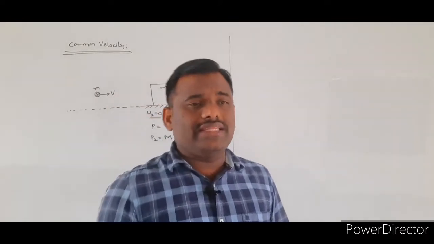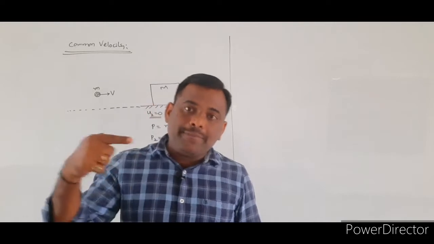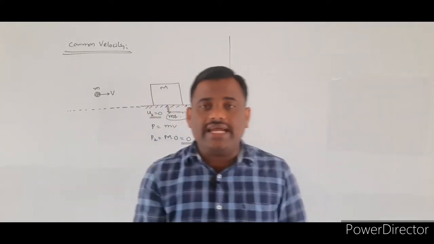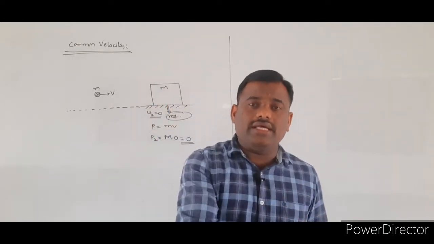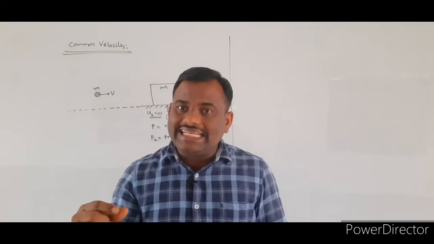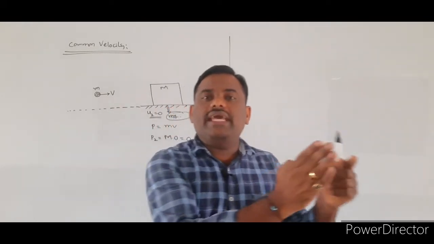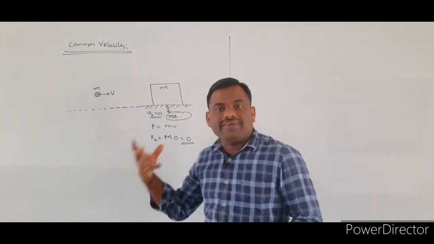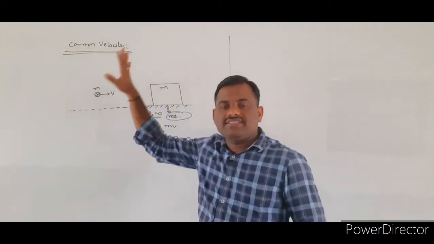So what I assumed is that whenever the bullet reaches the target, it is embedded into it, and after that these two will be moving together. What are the two? The bullet and the target itself, these two objects are moving together with a common velocity. If such a case is there, you have to calculate the common velocity of the system.